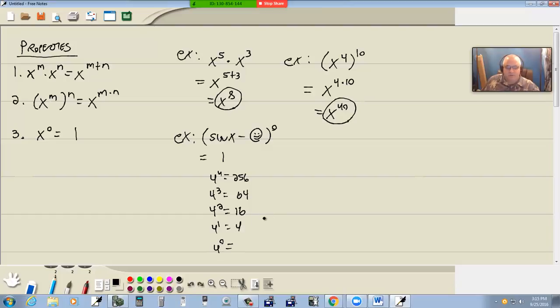Now going upwards, 4 times 4 is 16. 16 times 4 is 64. 64 times 4 is 256. Going backwards, dividing, 256 divided by 4 is 64. 64 divided by 4 is 16. 16 divided by 4 is 4. 4 divided by 4 is 1. So just by the definition of the exponents, anything to the 0 power is always equal to 1.